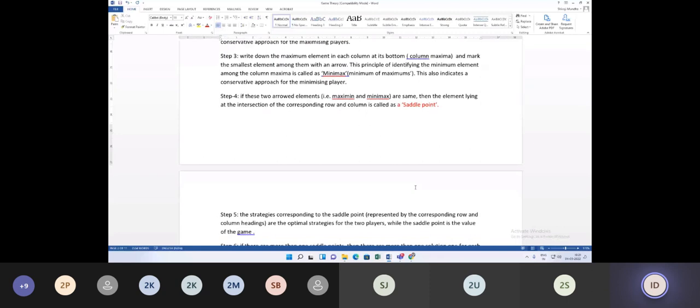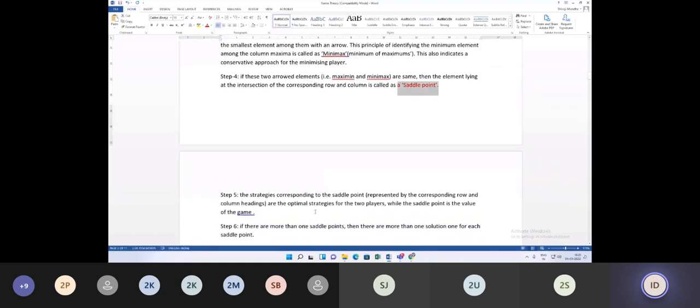If there is no saddle point, then it is called a mixed strategy game. The strategy corresponding to the saddle point, of either row or column, is called the optimal strategy for the two players, while the saddle point is the value of the game.